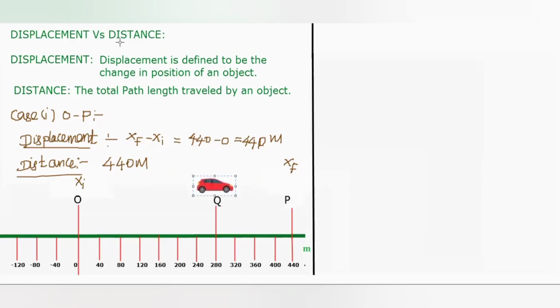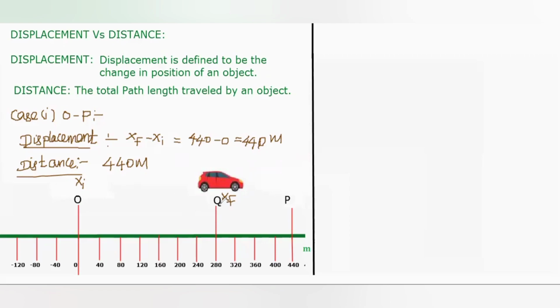So in this case, here you can see xi, that is the initial position, there is no change. But the final position will become Q. The O is the initial position, so that is no issue, we can take it as xi.